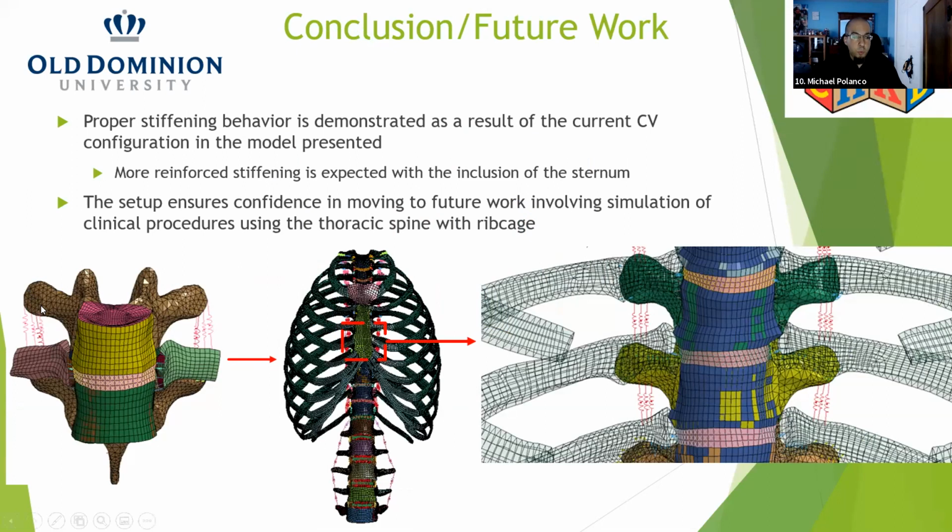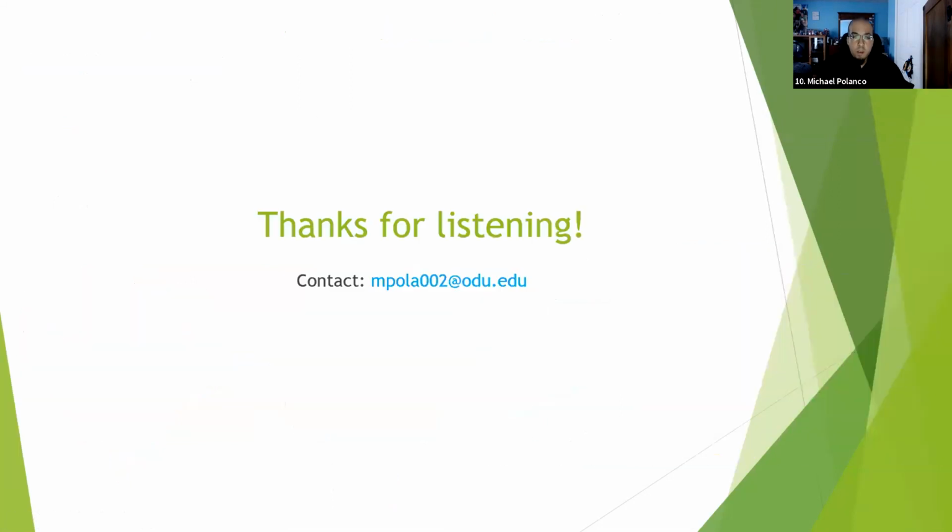So regardless, the plan is to carry over this exact setup to a full model of the spine with the rib cage included, to move in future work involving simulation of clinical procedures, namely scoliosis surgical planning. And we do expect more reinforced stiffening as a result of the rib cage being included. That concludes my presentation. Thank you for listening.